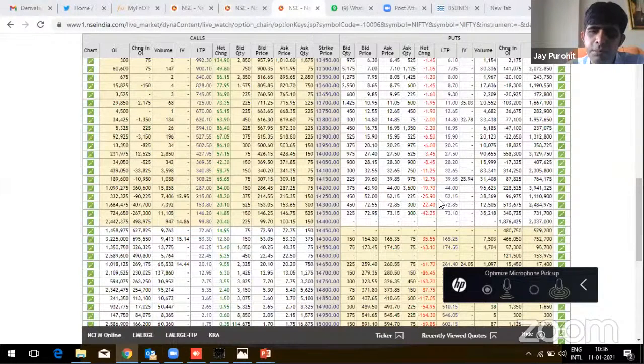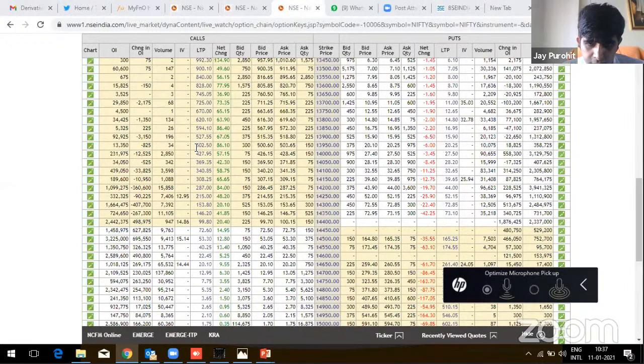In the MOSL terminal, there is an option of derivatives insight, and you can find that as well. In the previous webinars also, I explained that in detail, so you can go through any of the links or videos to find out how to look at the heat map in the MOSL terminal.